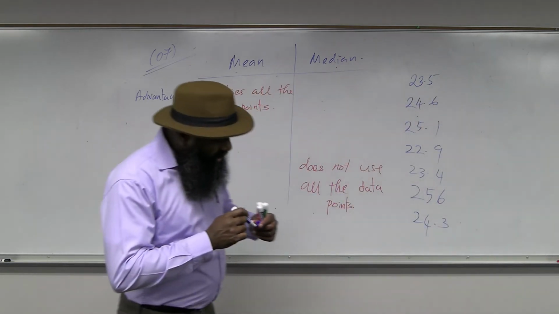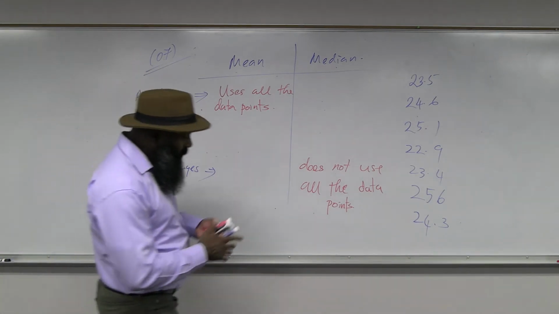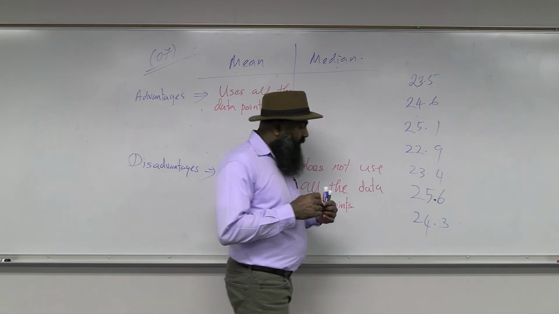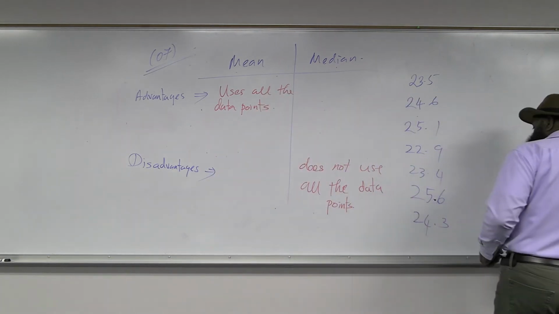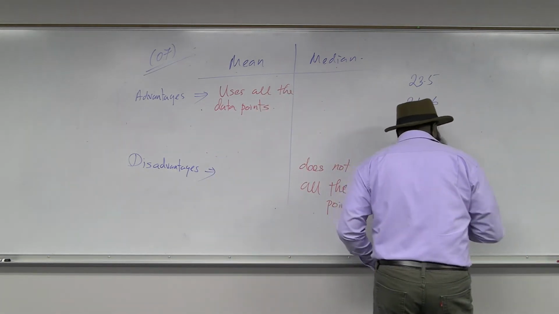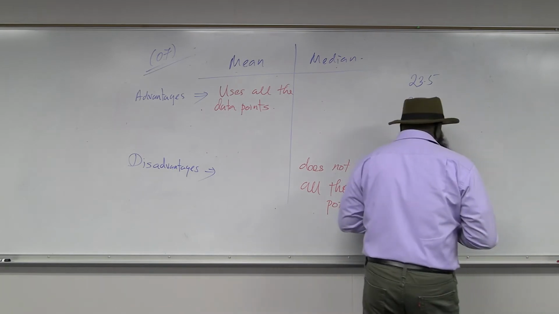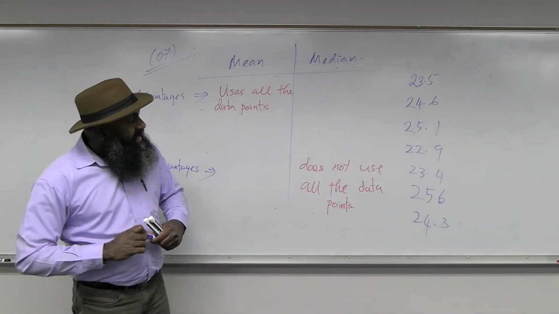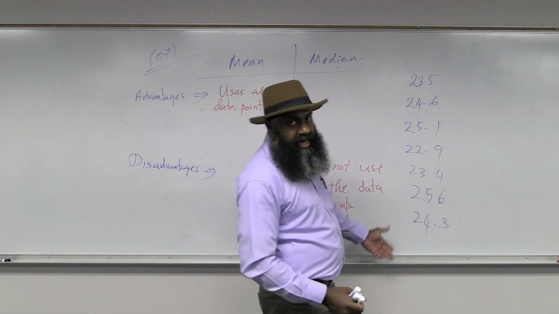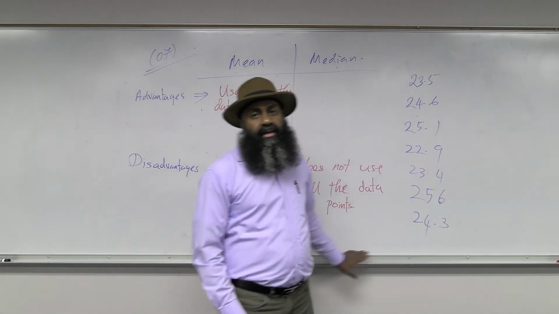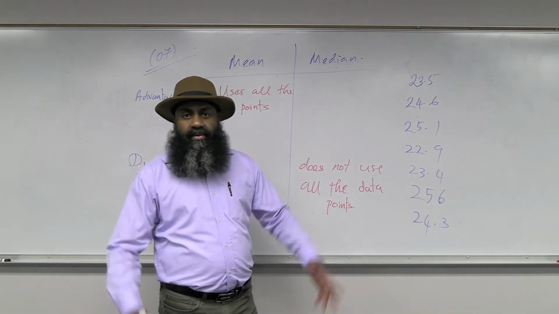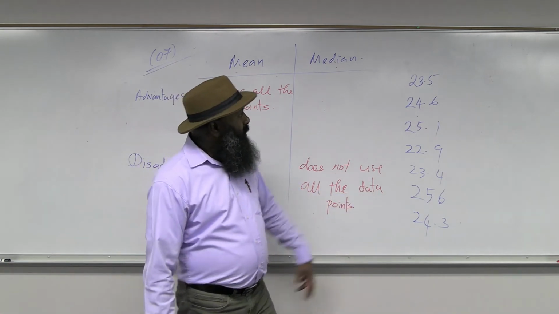Look, when I wrote down this data set, I forgot to put the decimal here. And often it is not the person who collects the data that analyzes them. A professional statistician will analyze the data that someone else collected. And often the data are automatically imported into whatever your software is, so you don't even see them.